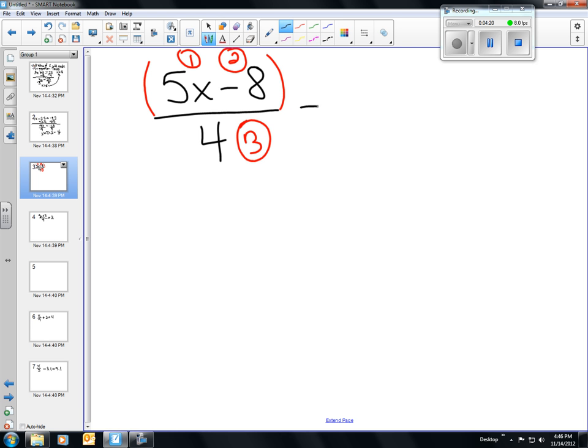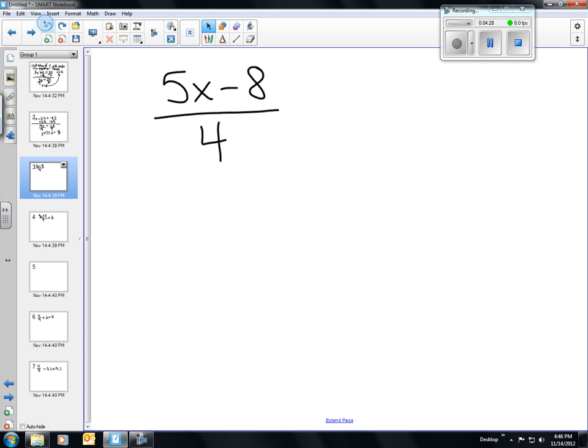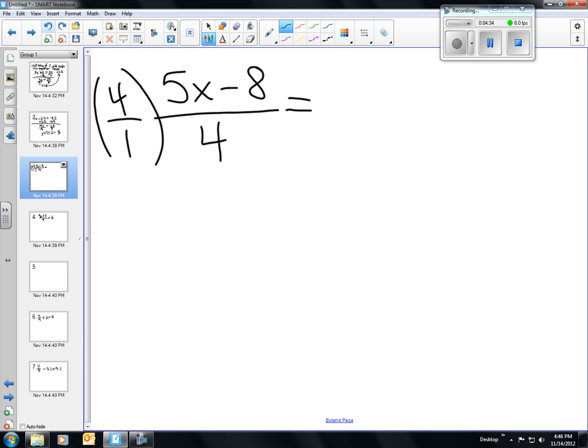Now, if we're working backward of the order of operations to solve the equation, we would start with the multiplication of the 4. So if we're dividing by 4, then we're going to multiply by 4 on both sides. On the left side, the 4's will cross-divide to give me 1.